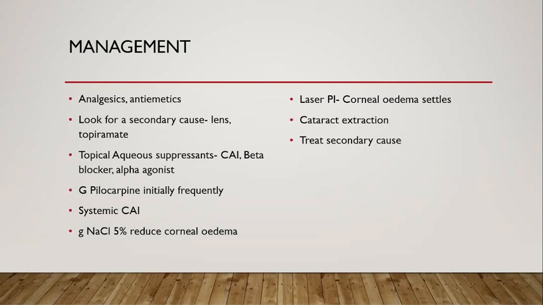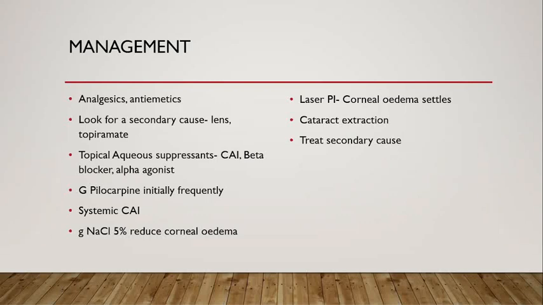So this is how you treat. You treat the pain with analgesics and vomiting with antiemetics. You look for a secondary cause, because topiramate is used for almost any neurological condition now, and that might give rise to an acute angle closure attack.